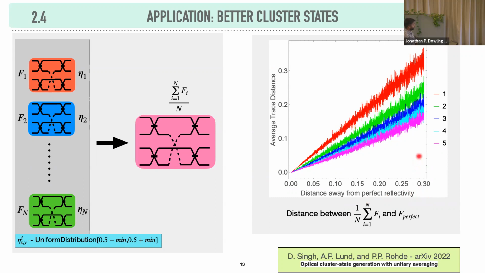What we see is that if you don't do any encoding, if you randomly pick just a single fusion gate out of this box and look at the distance between the perfect fusion gate and the randomly chosen fusion gate, your distance increases linearly as a function of your error. But if you choose to take an average of the two unitaries that you have picked at random from this box, the trace distance decreases. And the whole point is that as you keep on averaging more unitaries, it's almost like a central limit theorem for matrices: the distance between your average and the target keeps on decreasing.